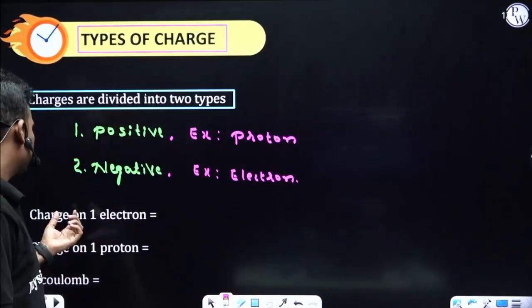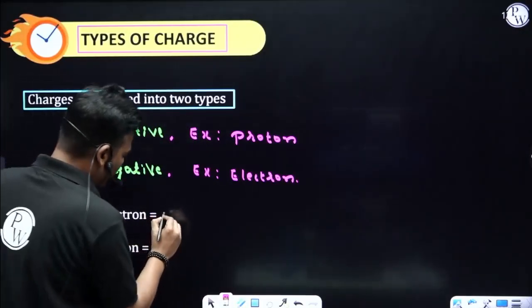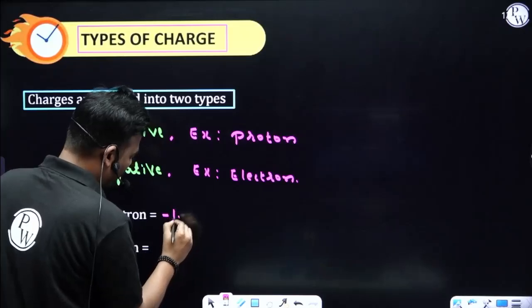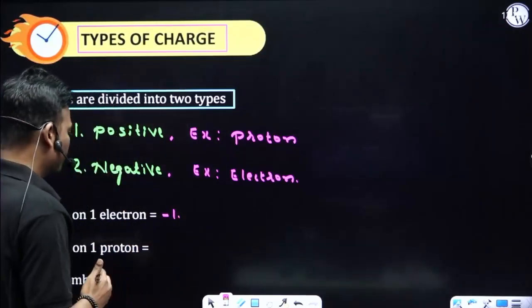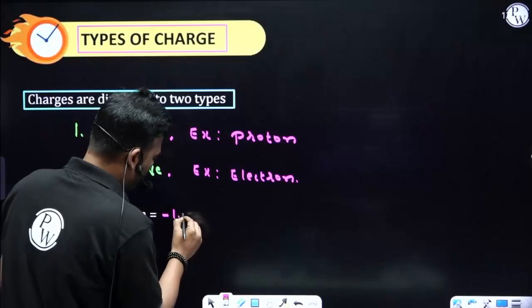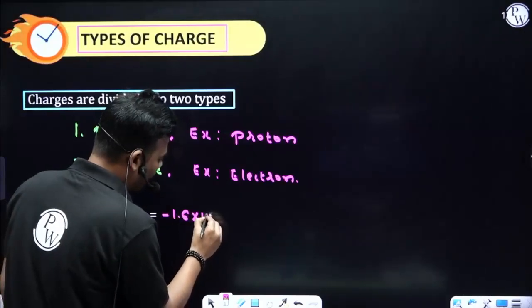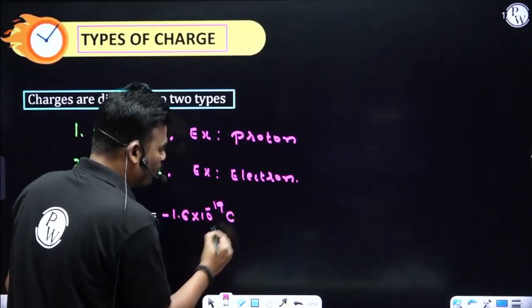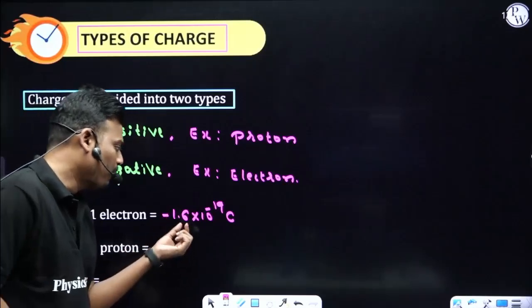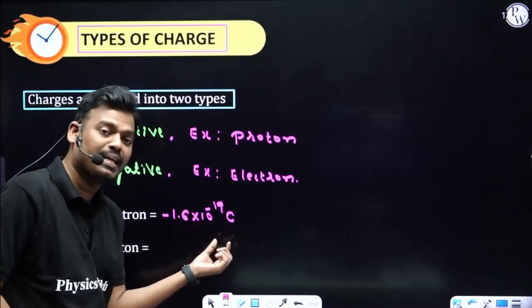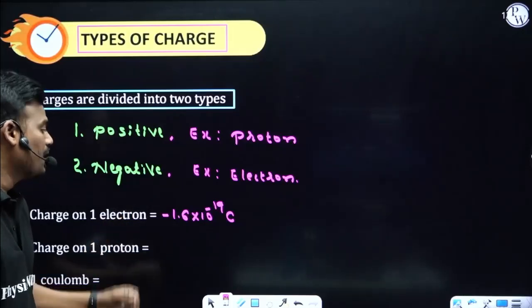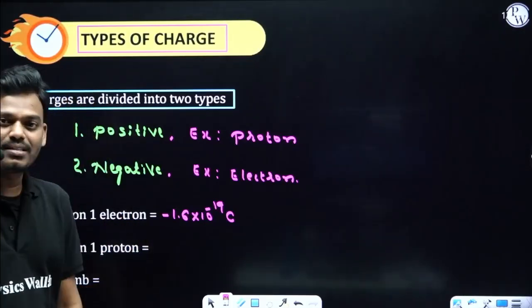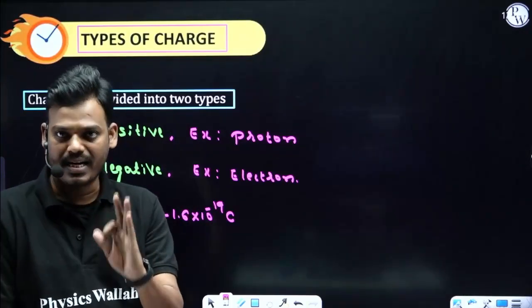Now, charge on 1 electron, already we know that from the basic data. That basic data is not there in your NCERT textbook or CBSE textbook. It is 1.6 into 10 power minus 19 coulomb, where 1.6 into 10 power minus 19 coulomb indicates the magnitude, and this negative sign indicates it is a negatively charged particle.